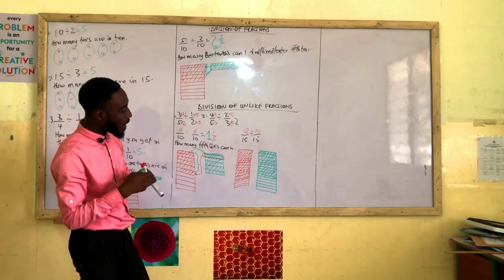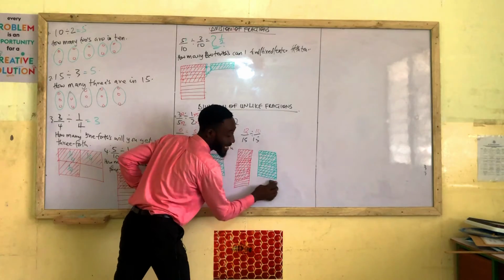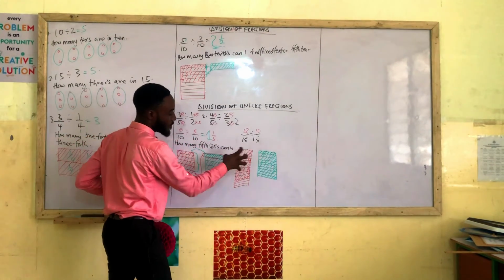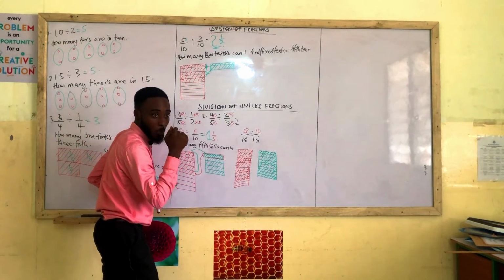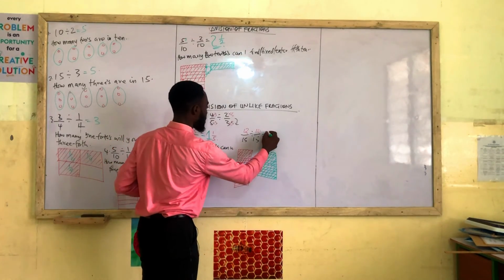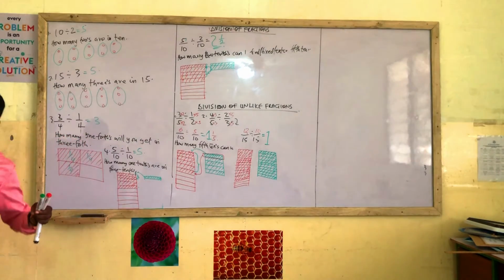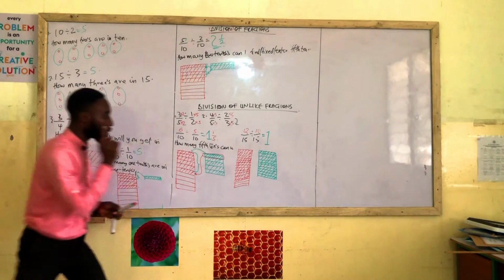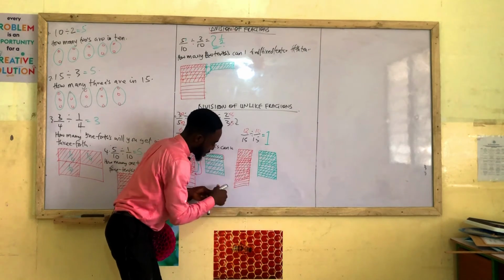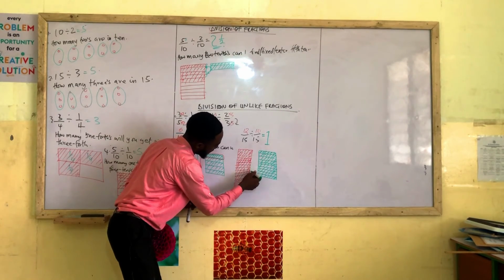Now, this whole block is now seen as 1, right? How many of all of this do we have to fix here? 1, right? Because obviously 2 will be too much. So we'd have 1. The 1 is going to take care of 1, 2, 3, 4, 5, 6, 7, 8, 9, 10.